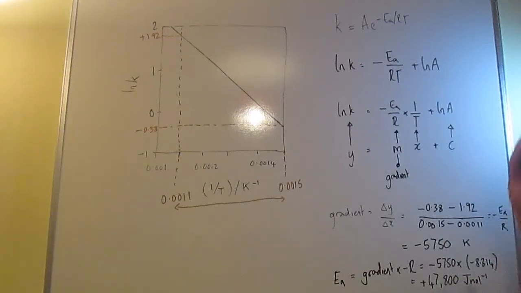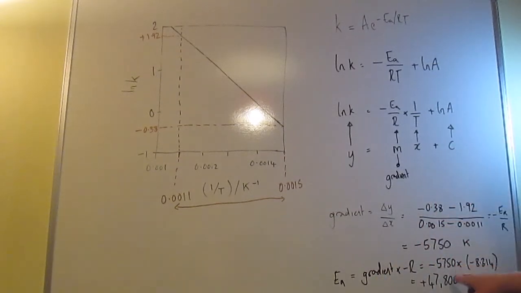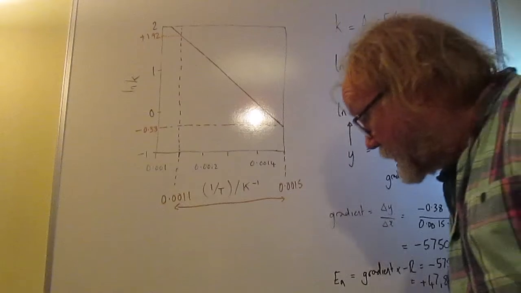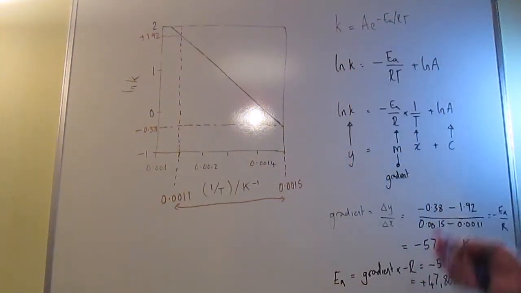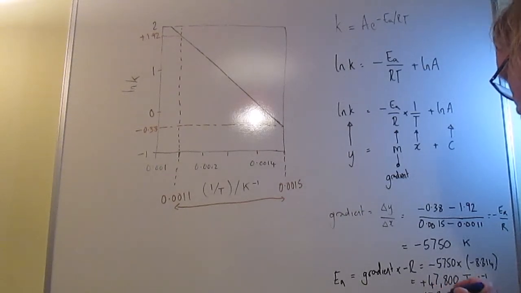obviously energies normally come in kilojoules per mole, but because R, if you look in your data sheet, is in units of joules per Kelvin per mole, when you crunch the numbers here, this comes out in joules per mole. So to put it in the more normal kilojoules per mole, which is what it asked for, that would be plus 47.8, so we're just dividing by 1,000 to put it in kilojoules per mole.